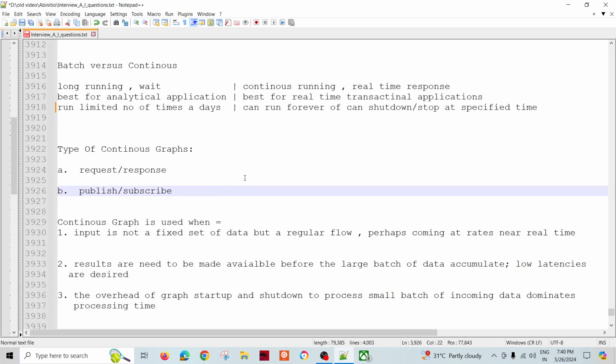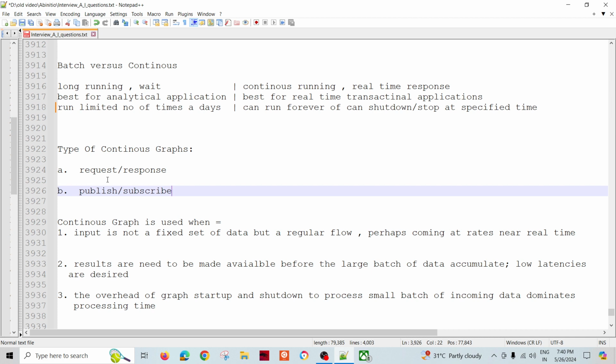So instead of the client waiting for the response in real time, the client would send the request, and that request can be put into some kind of queue, maybe an Ab Initio queue or a JMS queue, or maybe a Kafka topic.